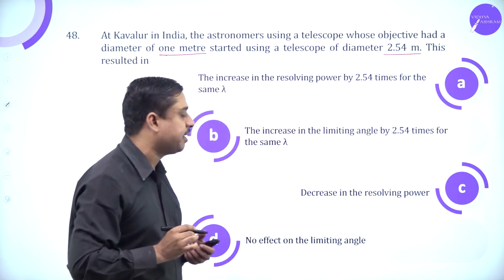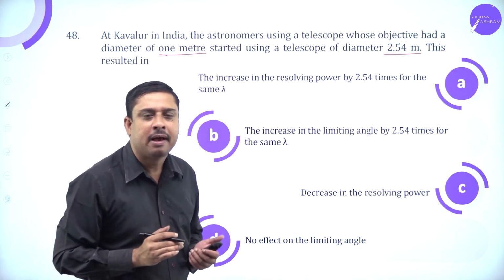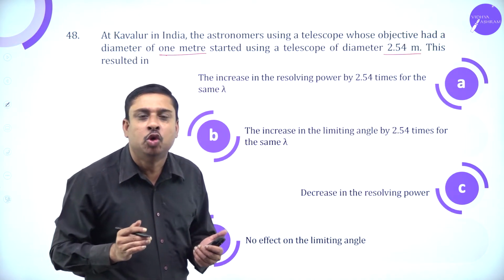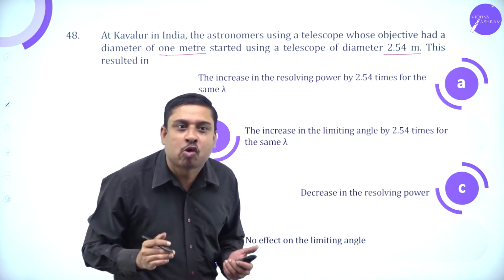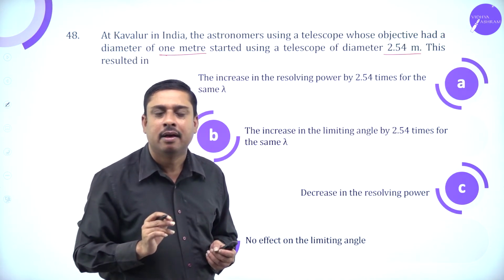So initially at Kavalur, the astronomers used a telescope whose diameter was 1 meter.